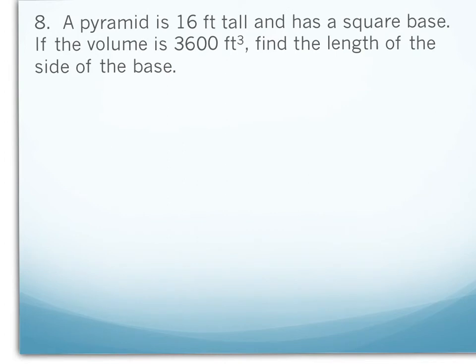Number 8 says a pyramid is 16 feet tall and has a square base. If the volume is 3,600 feet cubed, find the length of the side of the base. Okay, so we're told our height is 16 and our volume is 3,600. We want to solve for one of the sides. We're told also that it's a square base, so we know our sides are the same.